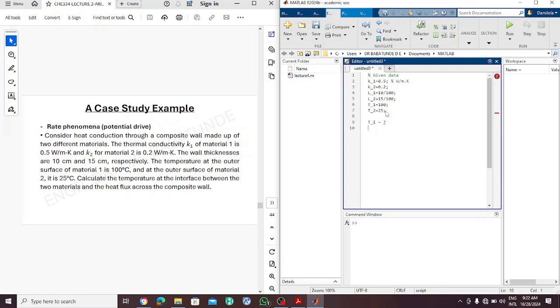To get that, we need to know what equation is applicable. What is applicable here is the Fourier law, which says Q equals minus K dT/dx.